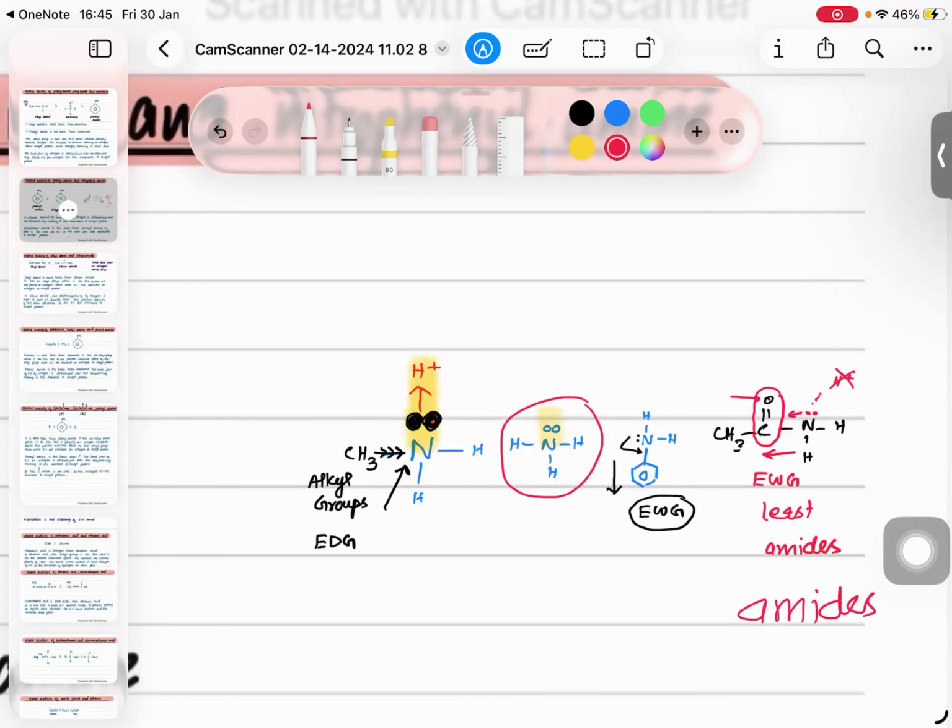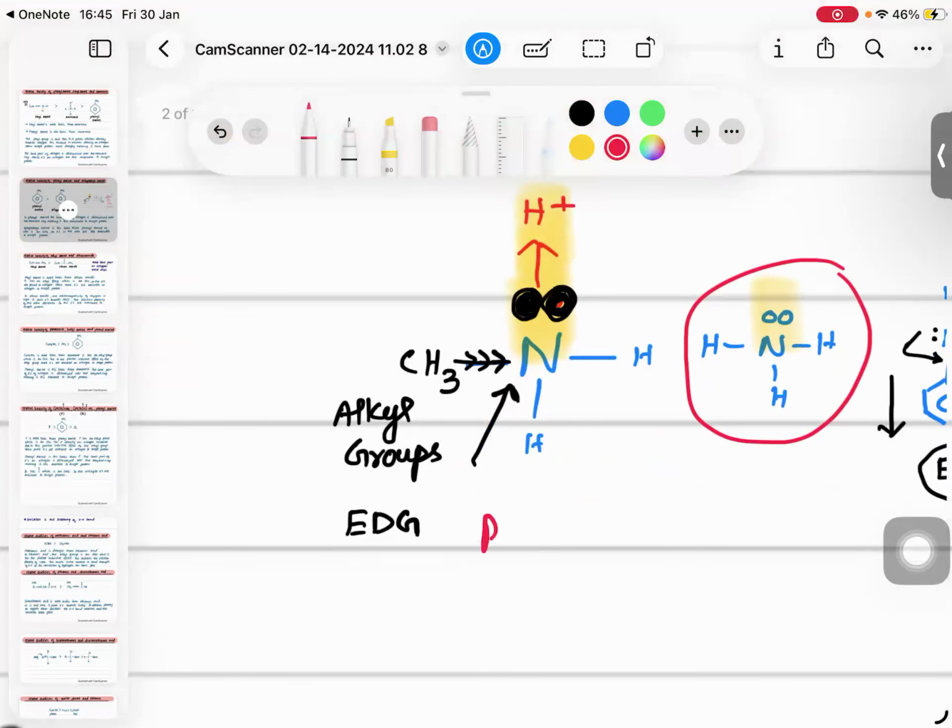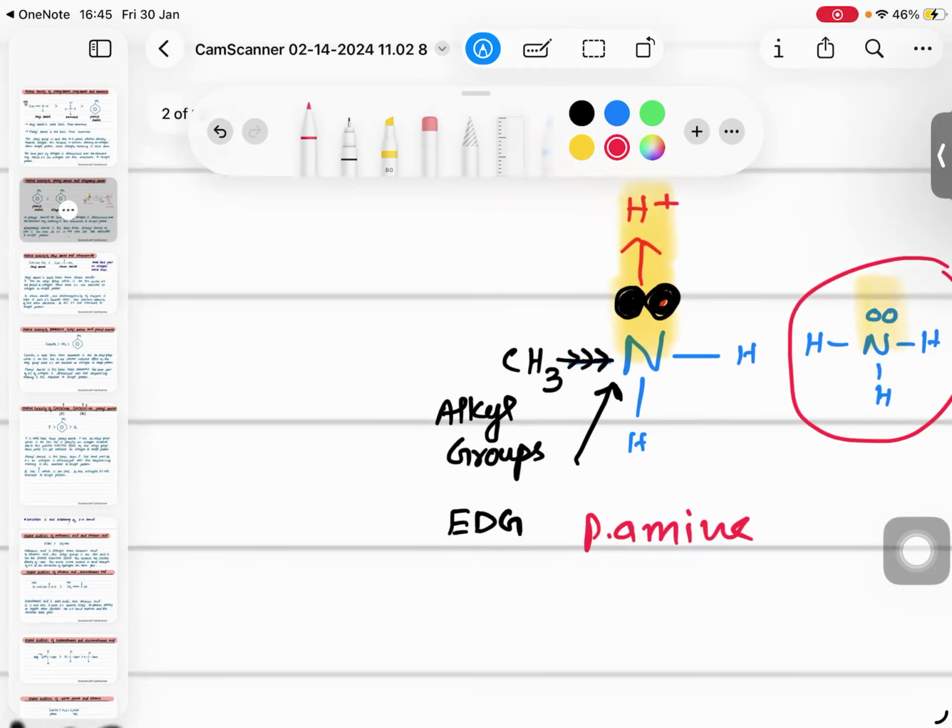On the other hand, this is a primary amine. If I have a secondary amine, like if the nitrogen has two alkyl groups, let's say here is the CH3 and here is the CH3, then it is going to be more basic, because now there are two alkyl groups, so more electron density on the nitrogen atom.